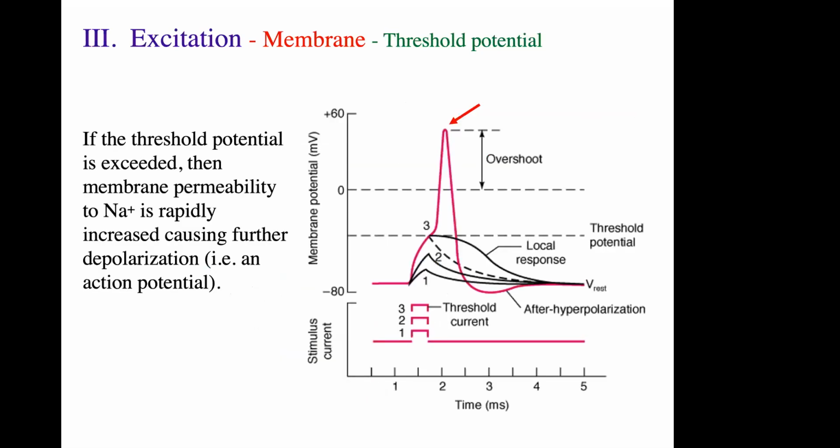So if we go back to this diagram here, if the threshold is along this dotted line, labeled threshold potential right here, you can see that that's still very negative. And so at that point, the voltage gated channels just haven't opened up. But once they open up, you have all those positive charges that rush inside, and it reverses the polarity in the membrane. Okay. Did that answer your question? Yes.